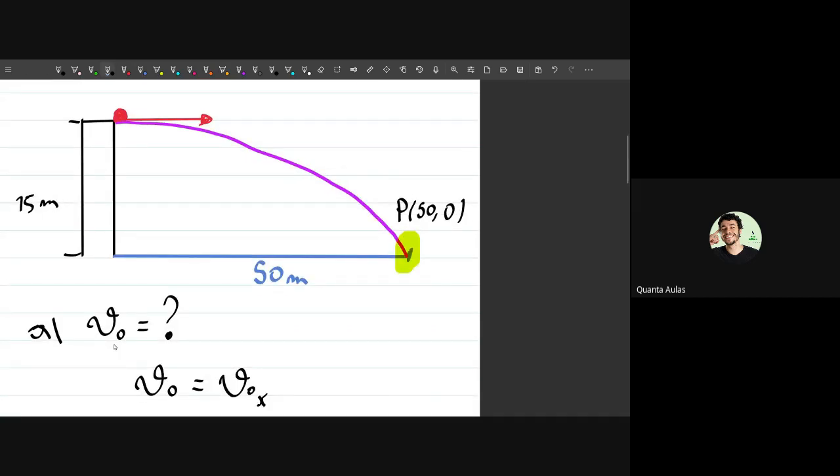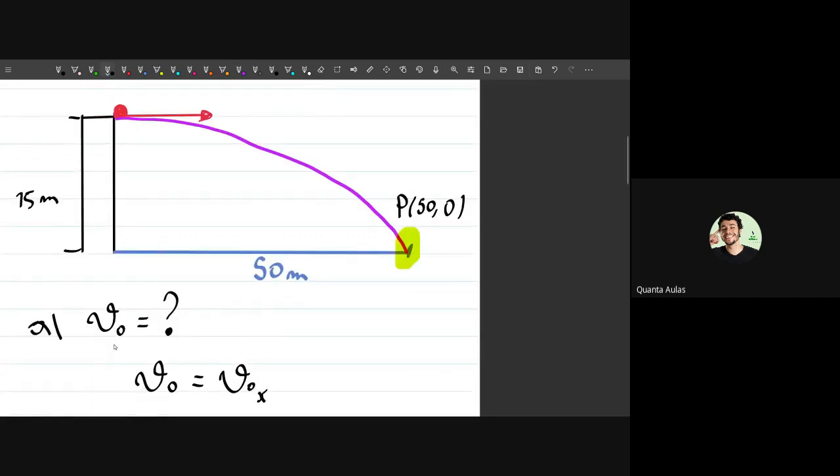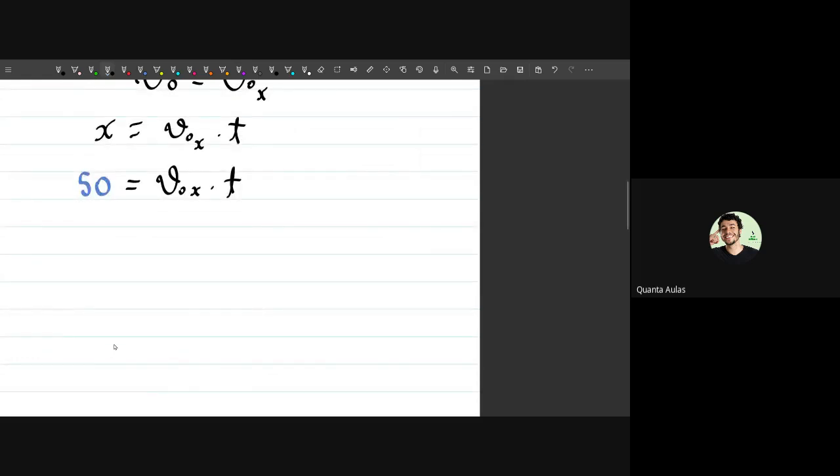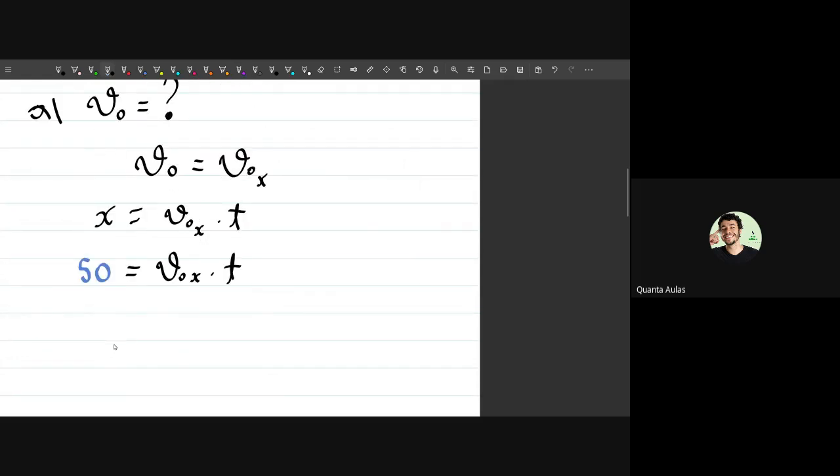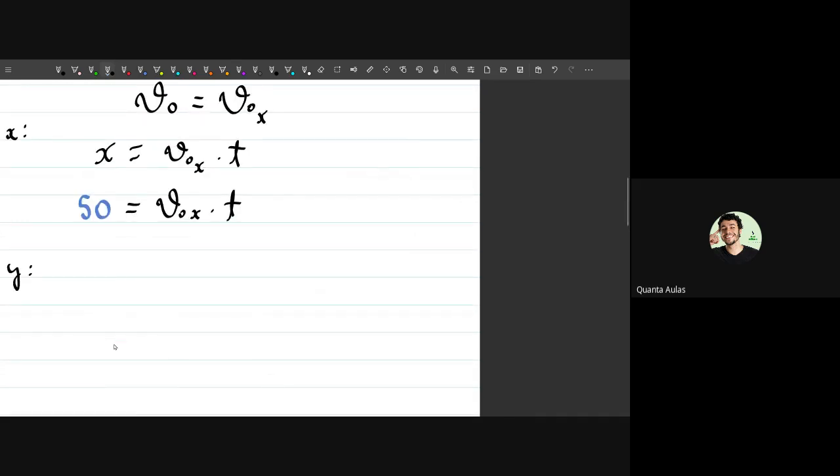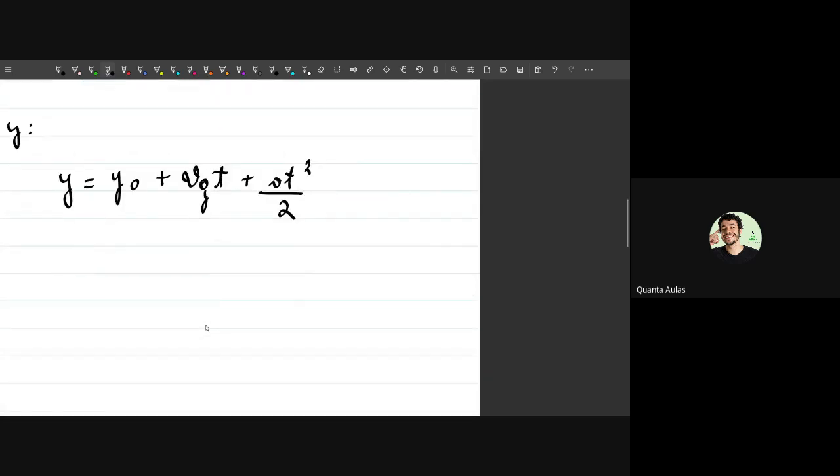We can speak about the equation in the y-axis again. So in the first moment we are in this position, the height. So our initial position is 50. I am speaking about x, so now I am speaking about y here. So we have y equals y0 plus v0y t plus a t squared over 2.